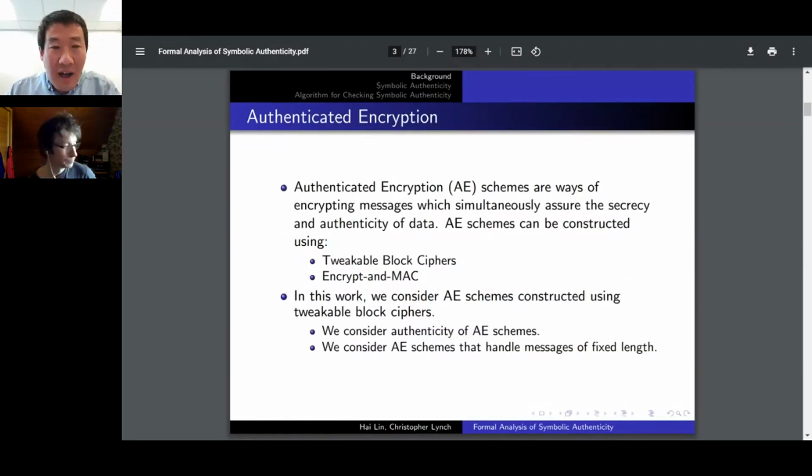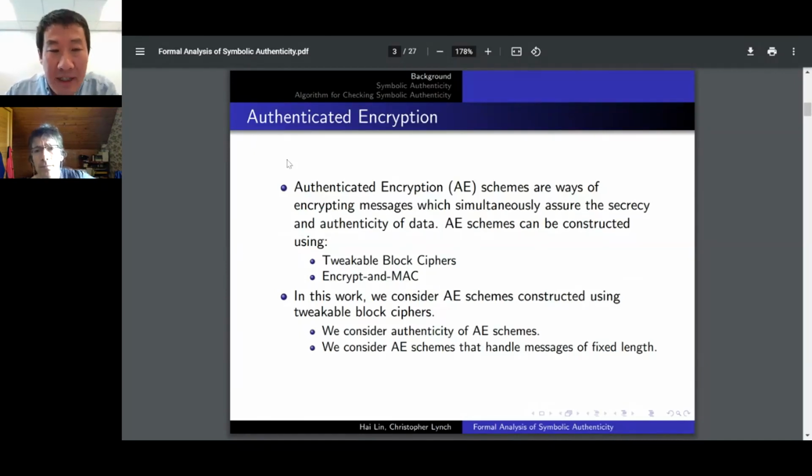So authenticated encryption schemes are ways of encrypting messages which simultaneously assure the secrecy and authenticity of data. Authenticated encryption schemes can be constructed in various ways. For example, using tweakable block ciphers.